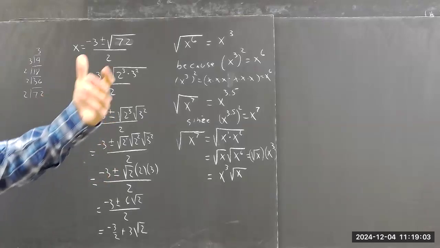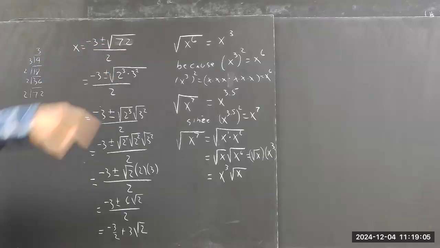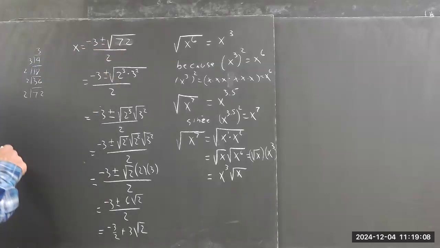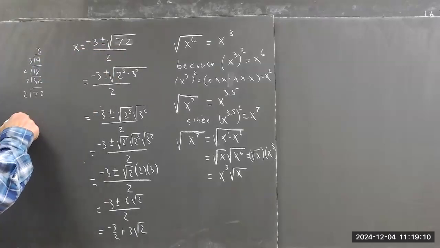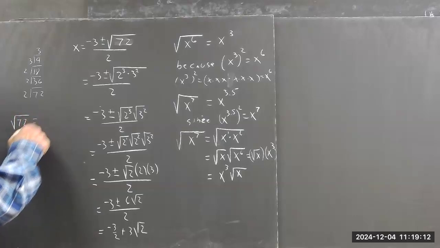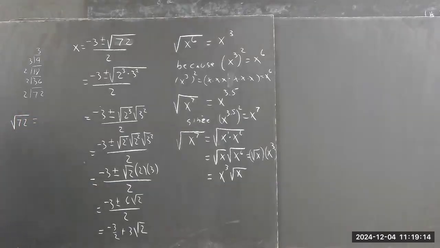Now, you don't necessarily have to go to the prime factorization if you can see what the biggest square is that you take out of that. So we could have written, well, 4 goes into 72. So that's one square that we could do.